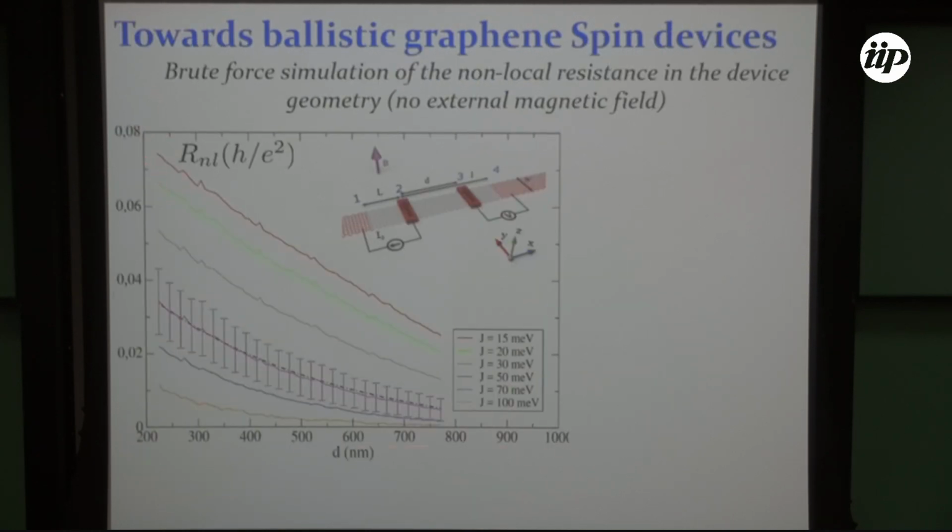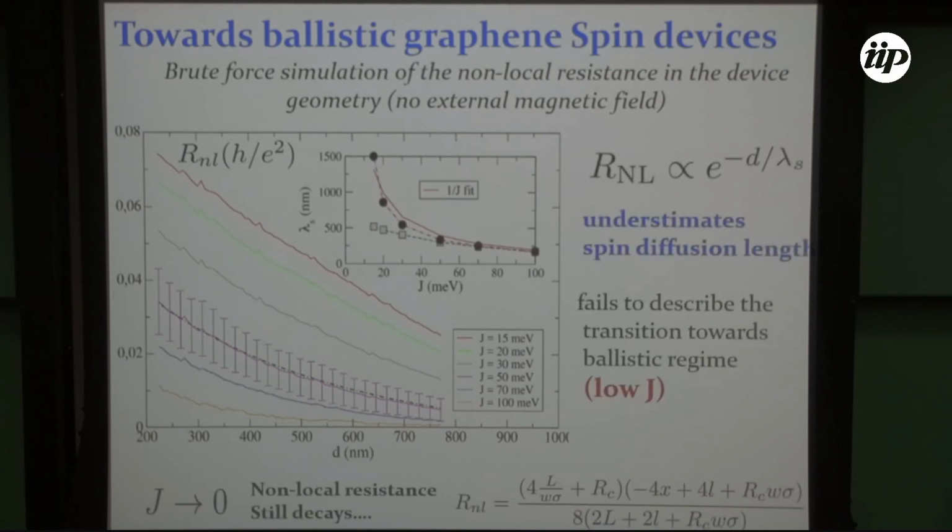So we have the non-local resistance as a function of the channel length of the system. In this situation, the mean free path is just smaller than the channel length.